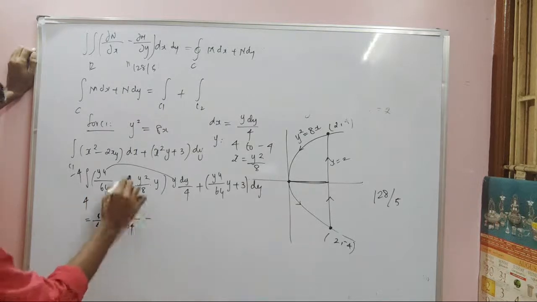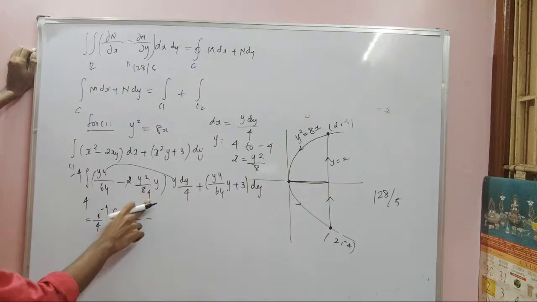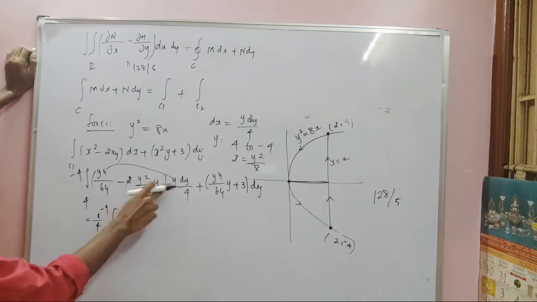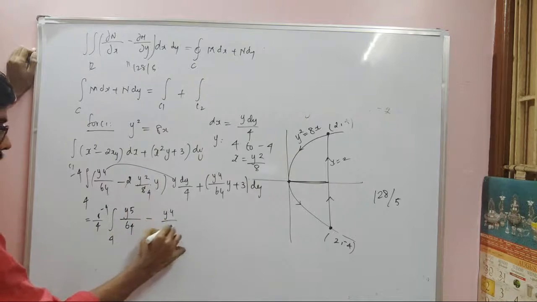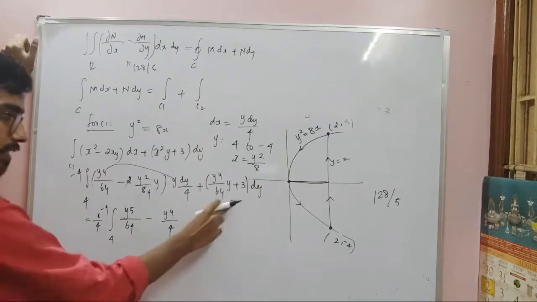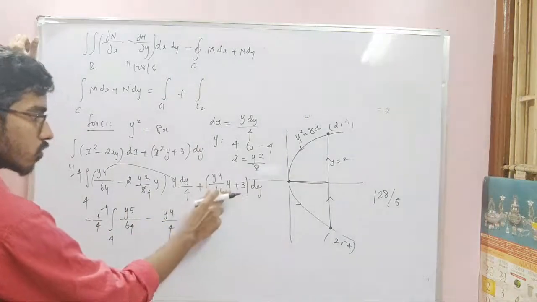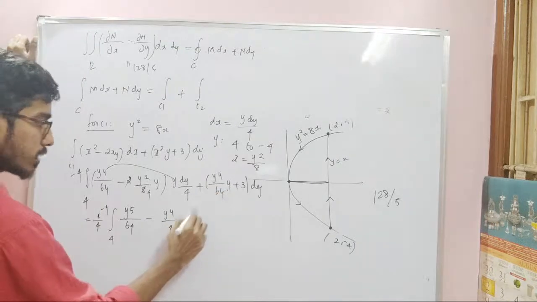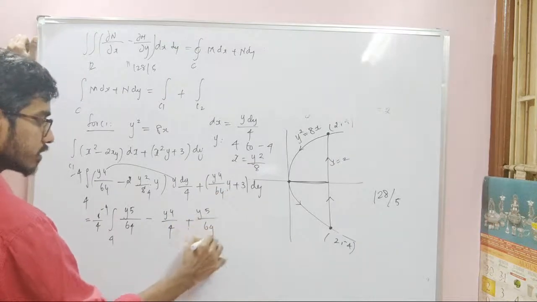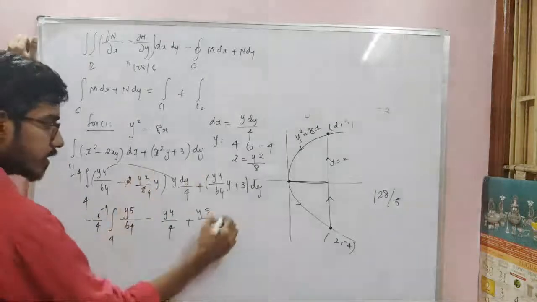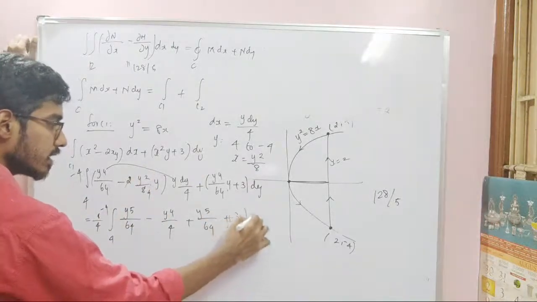And again here we have 4 here. And this is y cube into y, which is y power 4. So we have y power 4 by 4, and again here we have y power 4 into y, so this is plus y power 5 by 64, and here nothing but 3 dy.